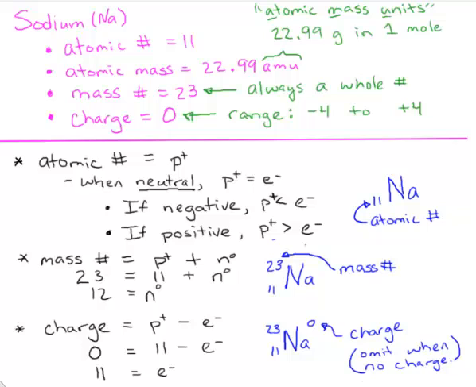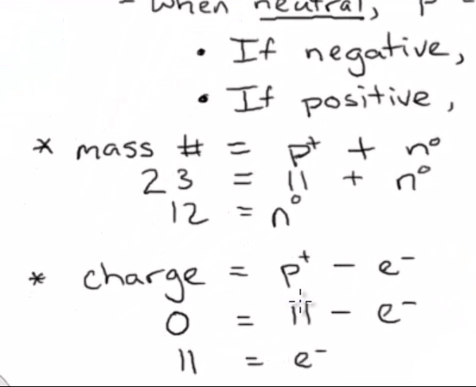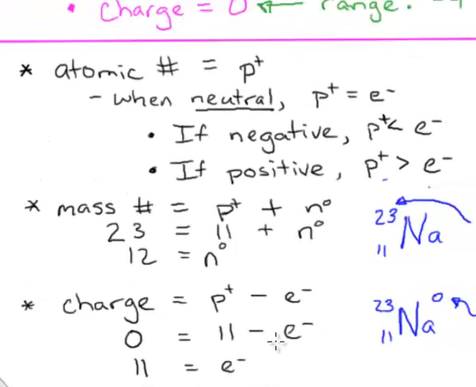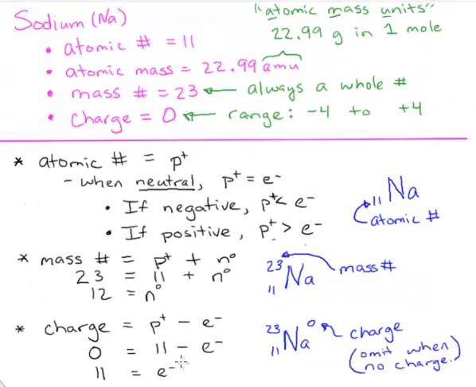And finally, let's look at charge. In this case, the charge is going to be 0. To calculate charge, it'll be charge equals the number of protons minus the number of electrons. So since the charge is 0 and we have 11 protons, 11 minus 11 would be 0.